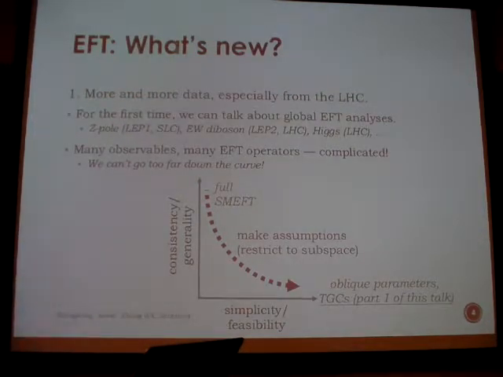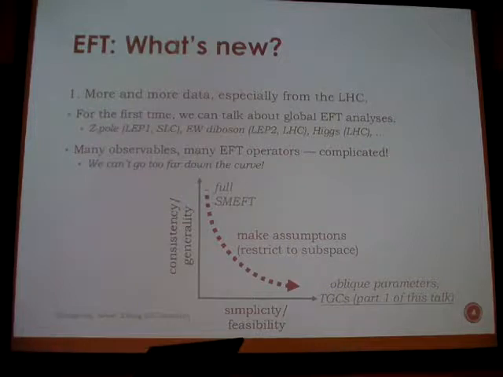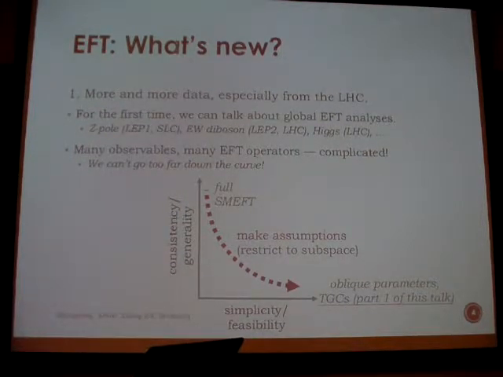So the EFT framework is actually well established, and it has been very useful for many decades, so what's new about it? I would like to highlight two new aspects of EFT studies in recent years. The first new aspect is that we're having more and more data, especially from the LHC. And actually, for the first time, we can talk about a global EFT analysis.